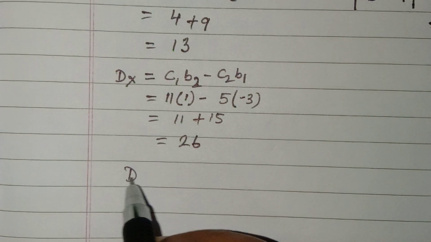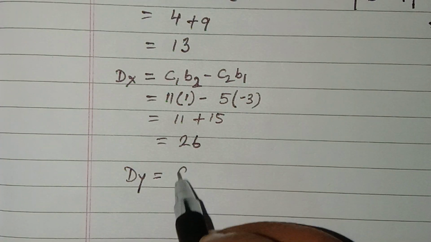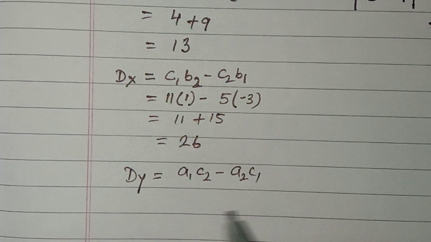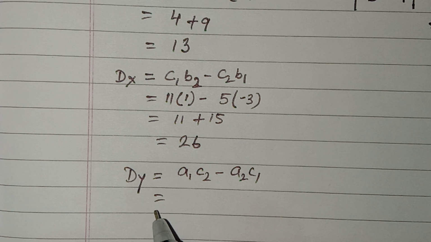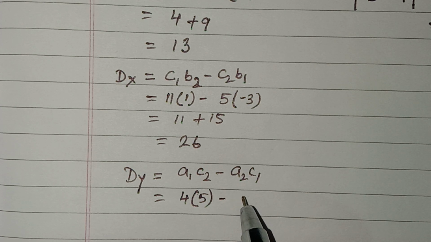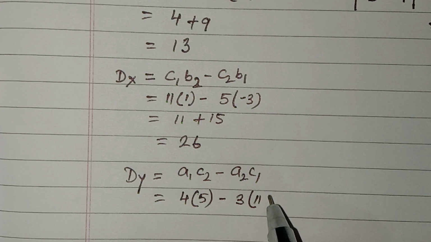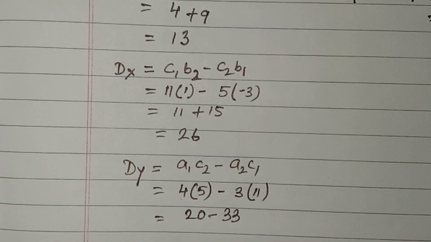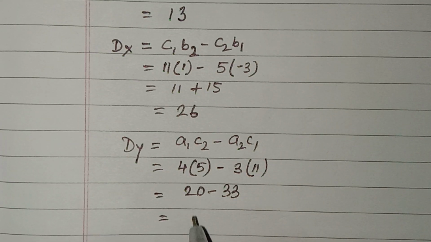Similarly, my dy is a1 c2 minus a2 c1. Here my a1 is 4 times c2 is 5 minus a2 is 3 and c1 is 11. And 4 times 5, 20, minus 3 times 11 is 33, and finally I get minus 13.